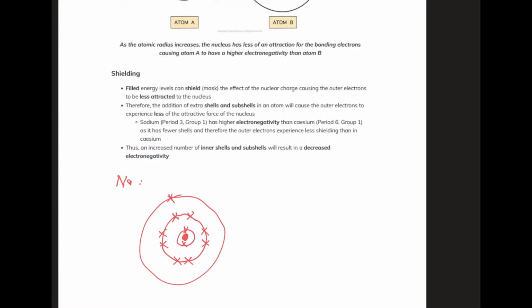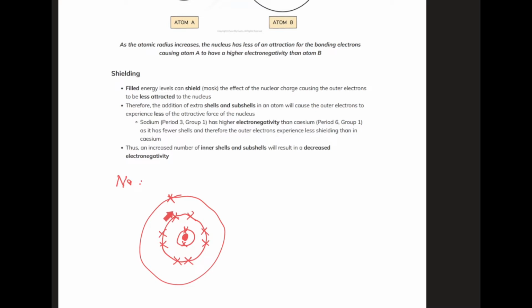The nucleus stays in the middle. If this nucleus is going to attract the outermost electron, there is a problem. The problem is it is blocked by inner electrons. That is called shielding.